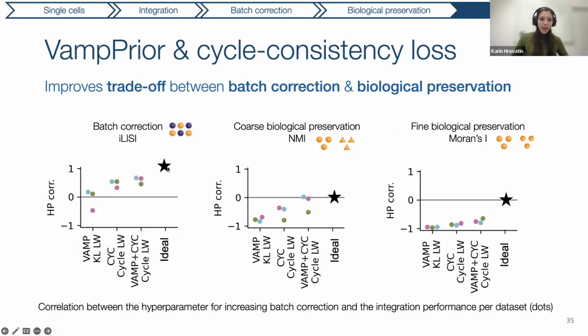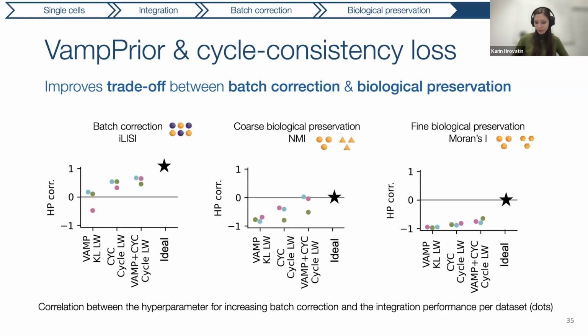What we want to see is that as we increase the batch correction hyperparameters, batch correction increases, so it has a positive correlation, but the biological preservation does not drop, so it has a neutral correlation or no degradation. What you can see here is that VampPrior has the highest positive correlation with batch correction and also the least negative correlation with biological preservation.